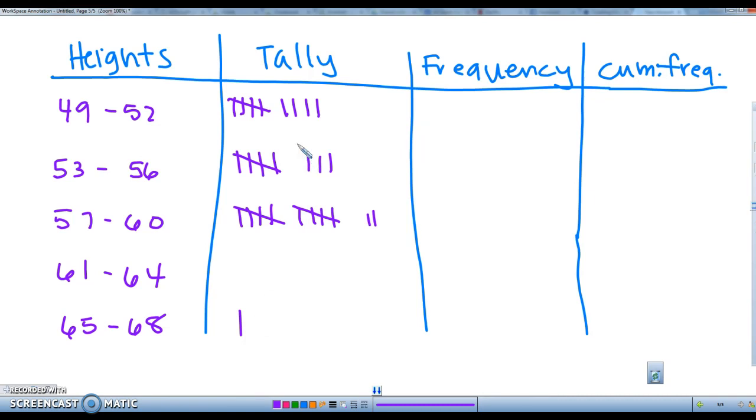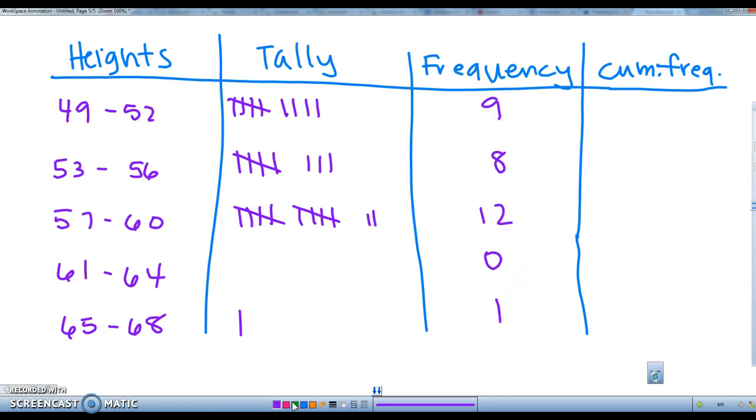But if you were just copying the raw data, you might hit 52, that goes in this one, and then it's 67 or something. So you can do the tally as you see them from your raw data. Once you have the tally down, we go to our frequency. So this one has 9 tally marks. This one has 8, 12, 0, and 1.